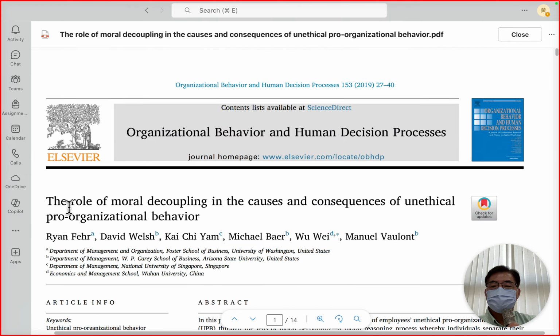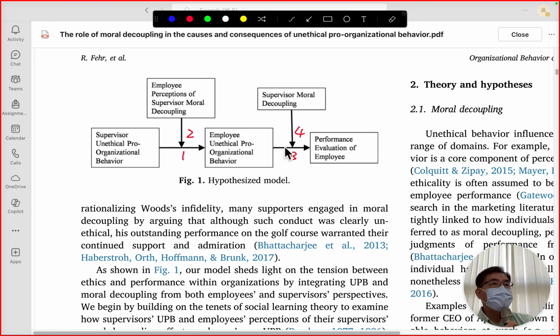Based on this, one arrow represents one relationship. So 1, 2, 3, 4, maybe, right? And then we have the constructs 1, 2, 3, 4, 5.